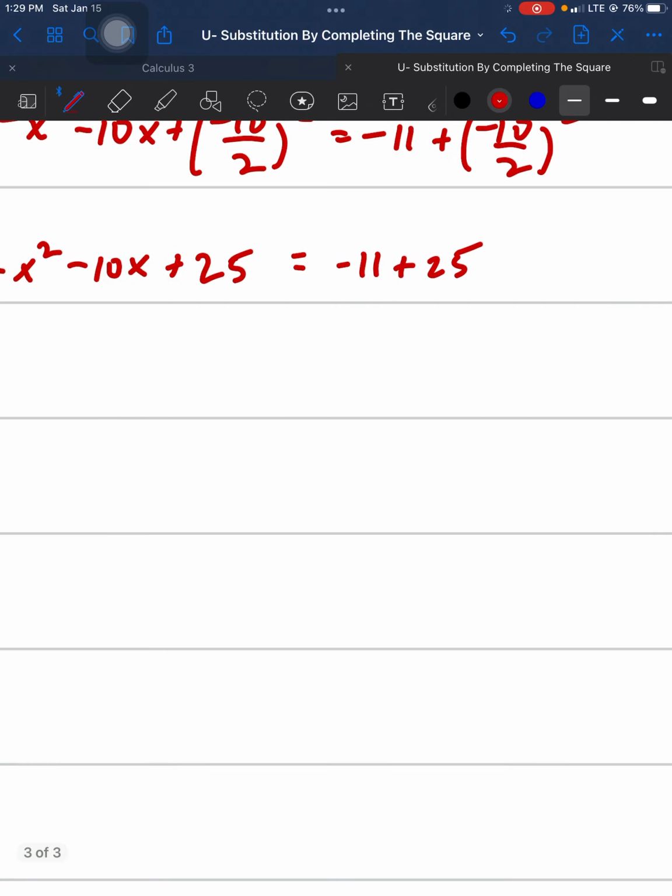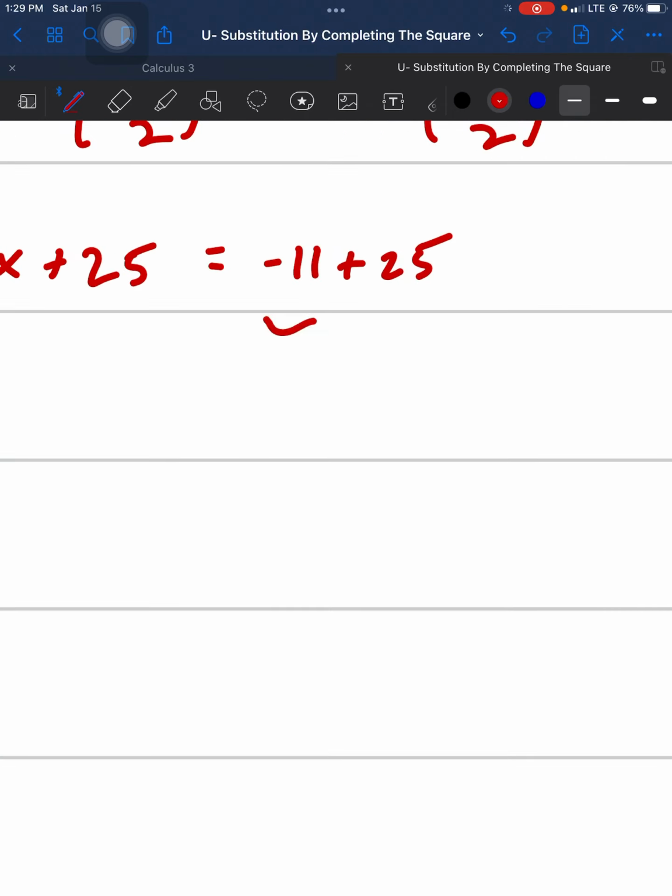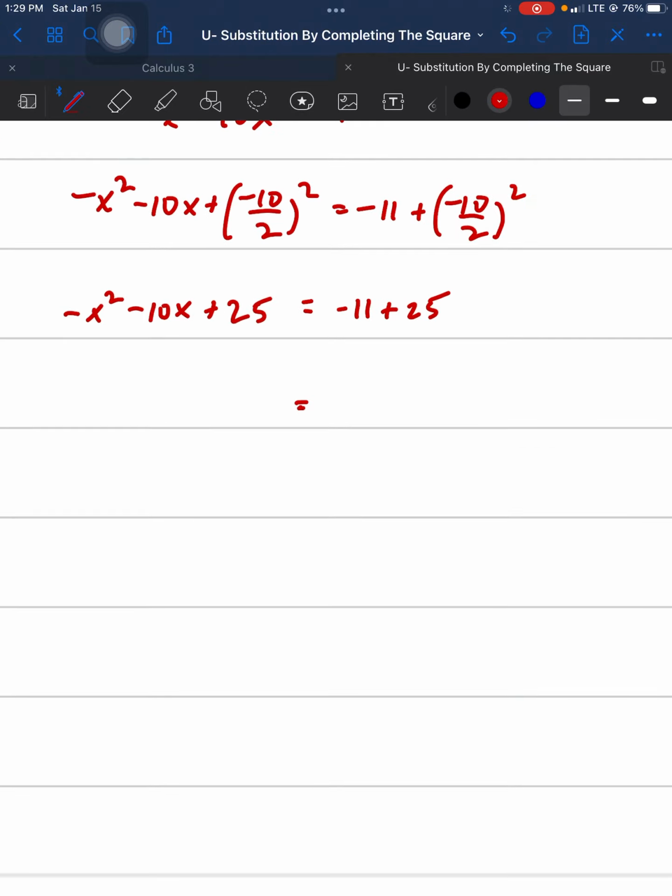So first let's simplify the side over here.